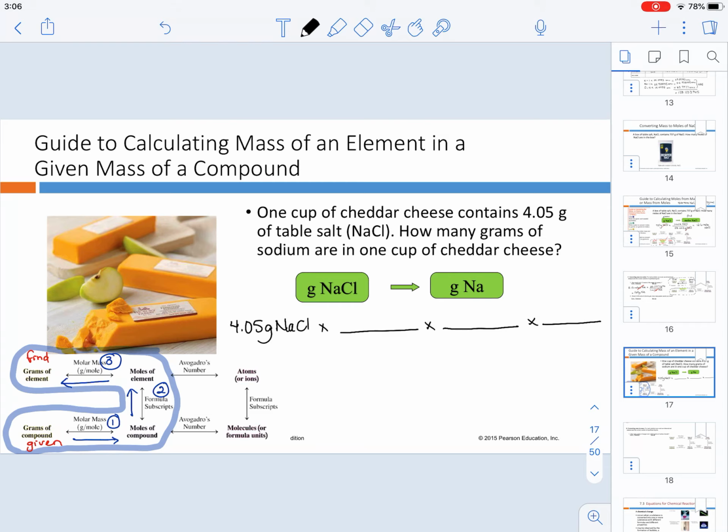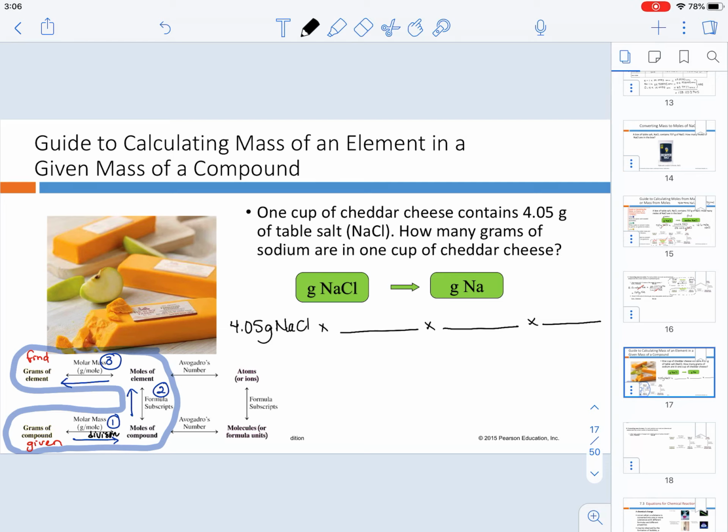Okay? Now, in the first one, as you can see here, we're going to be utilizing the molar mass of the compound to find the moles of the compound. So I know that if I'm going left to right, specifically, I'm going to divide by the molar mass. So I'm just going to write it here. Division by that molar mass.